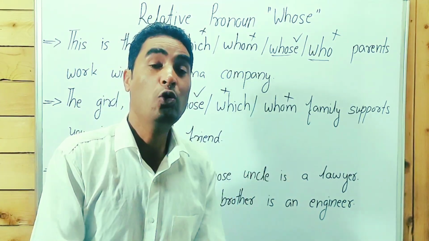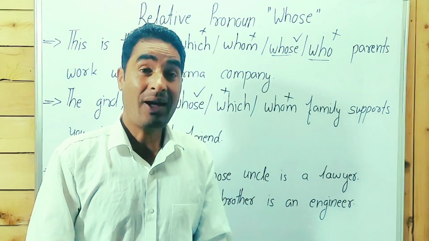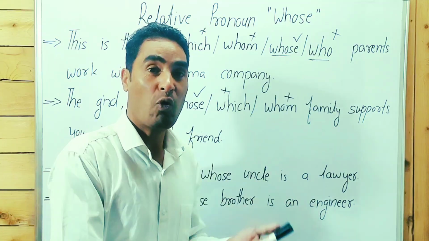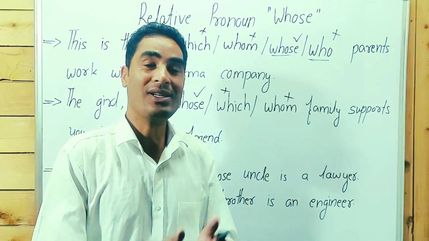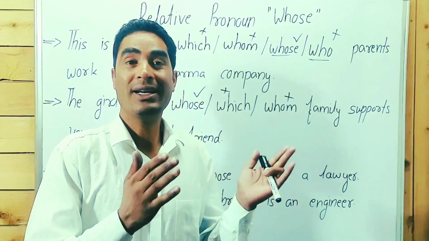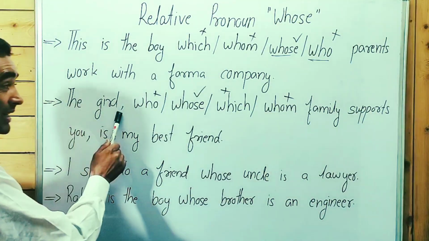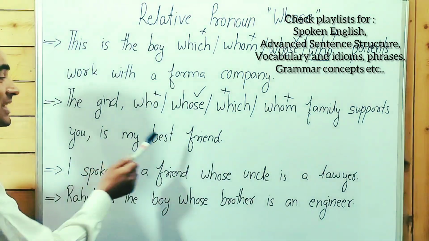We say "whose family." The girl whose family lives abroad is an engineer. The boy whose family lives next to us in my neighborhood is my friend. You can say whatever you want. The girl whose family supports you is my best friend.